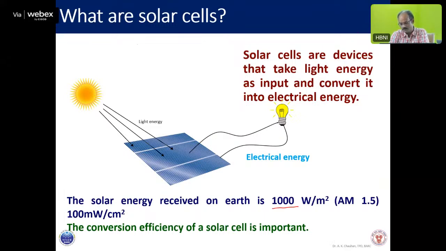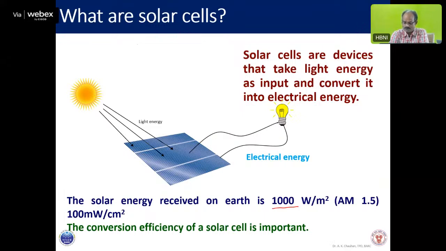Suppose you have a typical bulb, which we have in our houses, the best in today's time, the LED. A 50-watt LED gives a lot of light.